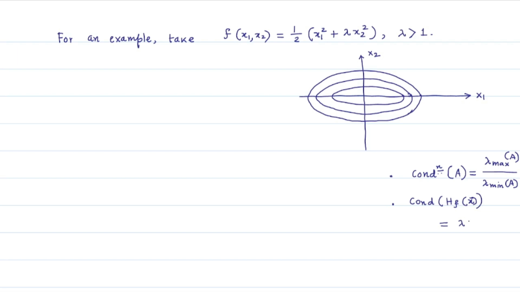So when lambda gets larger and larger, the condition number of this Hessian matrix is bigger and bigger, and hence for a large value of lambda, this Hessian matrix is ill conditioned.